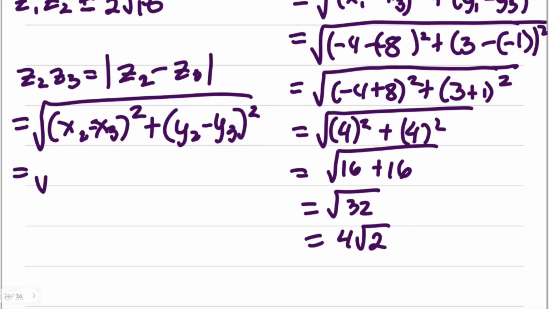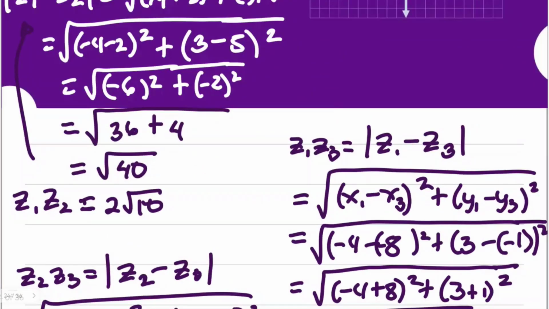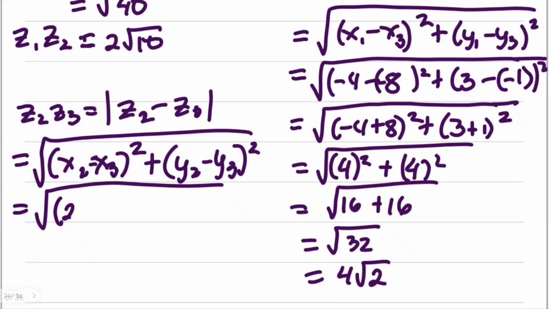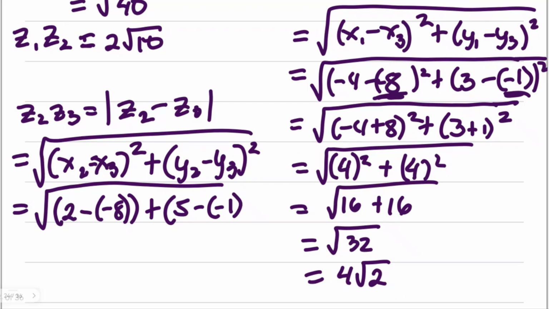So you will have the square root. For z sub 2, that's 2 and 5, so don't forget about that. 2 minus negative 8, for our z sub 3, plus 5 minus negative 1, squared.